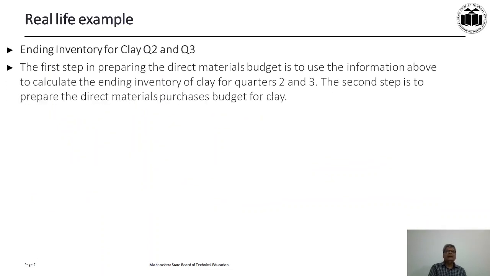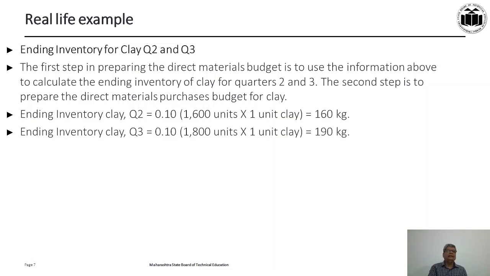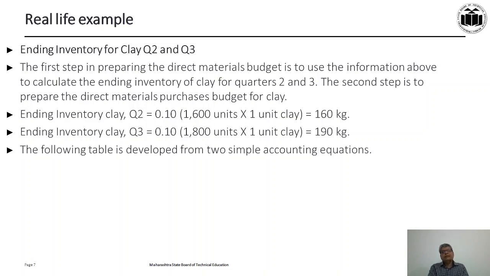Similarly, we can find the ending quantity from that 10% calculation. We have already discussed that the ending inventory of quarter 2 will be 160 and the ending inventory of quarter 3 will be 180.